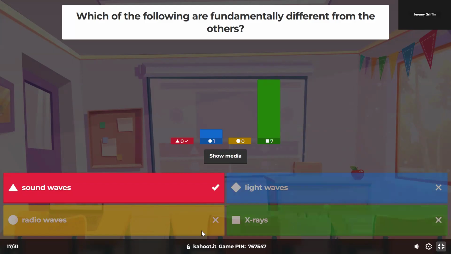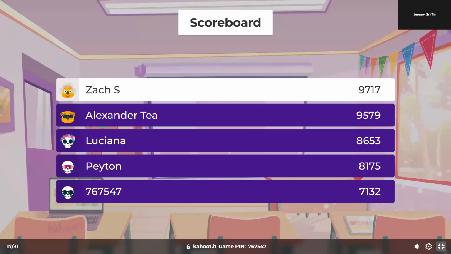Don't the blue, the green, and the yellow all travel at the speed of light through the vacuum of space? They could, but not sound. Isn't sound a pressure wave, which is longitudinal, and it needs a medium to travel through? Also, it travels about 1,000,000 times slower than those other types. So the blue, the green, and the yellow are all the same category. They're all EM waves, but sound waves are a different category.